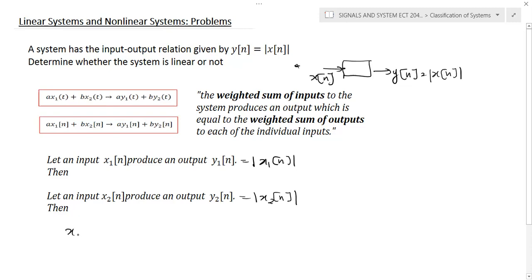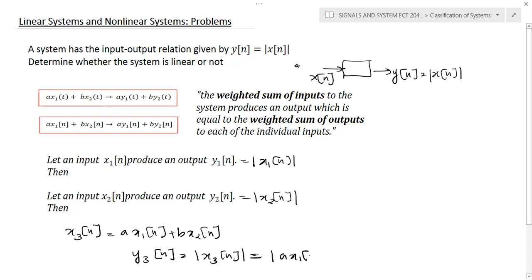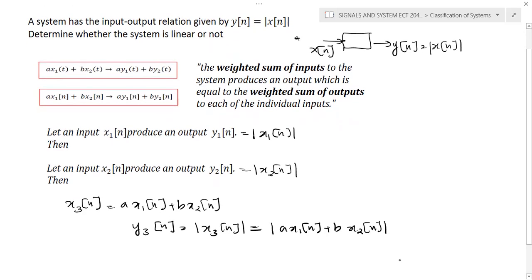And assume that the third input x3 of n is a linear combination of the first two inputs, a x1 of n plus b x2 of n. And if you apply x3 of n as the input, then y3 of n becomes the modulus of x3 of n, which you can write as the modulus of a x1 of n plus b x2 of n, the whole modulus.